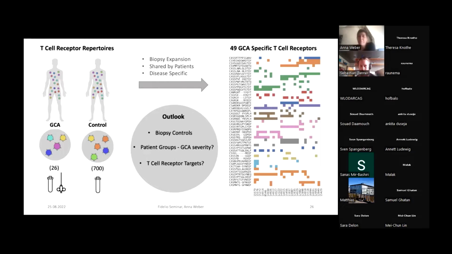So would it be specifically processed when the biopsy is taken, or not when the biopsy is taken, afterwards? Afterwards. Yes, afterwards. They just take part of the biopsy and select the T cell receptors and then sequence those.